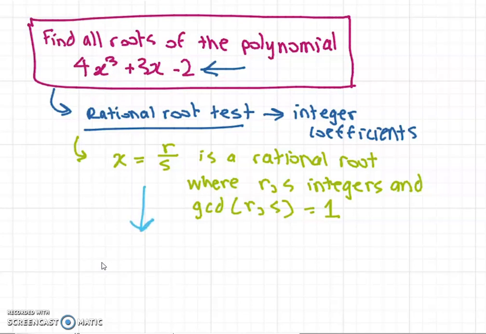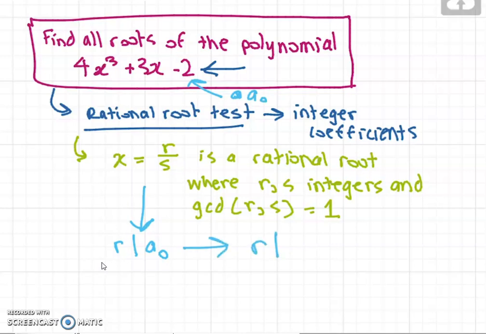This is a rational root. We must have the following conditions. r must divide the constant term a0 of the polynomial. In this case, the constant term is 2, so we have a0 equals 2.